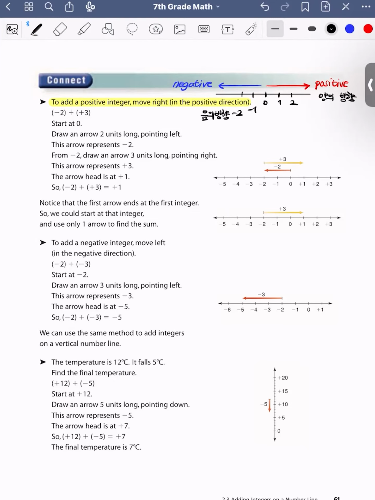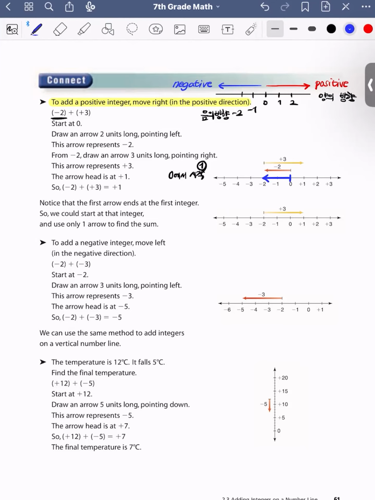So in this example, we need to add -2 and +3. And there are two different options. First option is that you start from 0, 0에서 시작. So first we have -2, right? So in this case, you start from 0 and go to the left side.